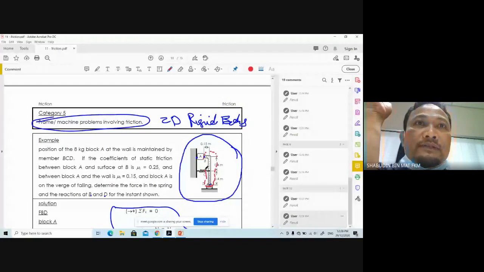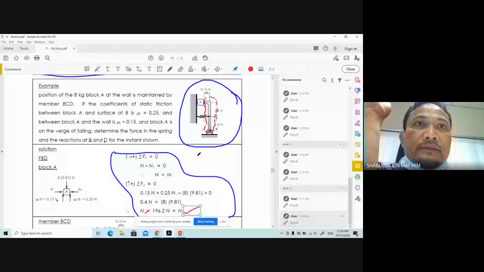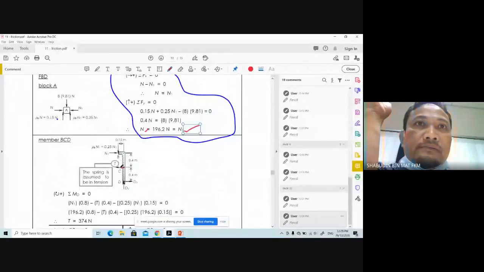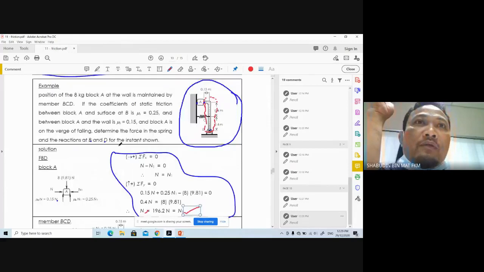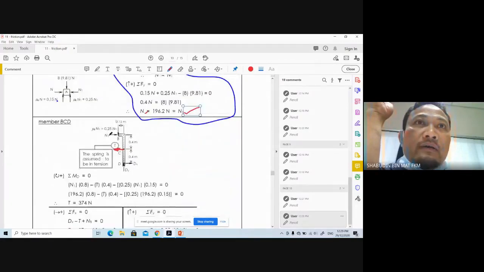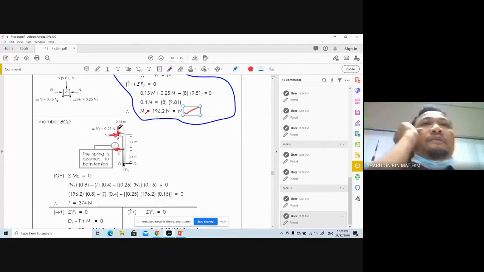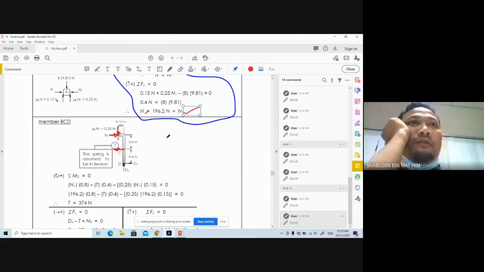You have unknown force T. You have N1, but it must go opposite to the first one: N1 is to the right, and the friction force goes down. This is the normal force, this is the frictional force, and you have Dx and Dy.